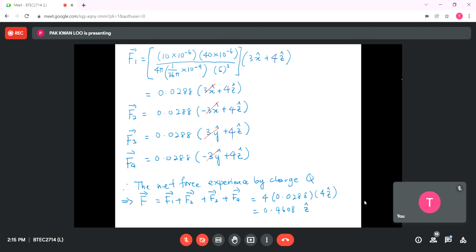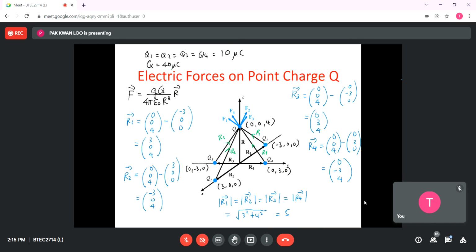Another perspective that I want you to look at is the location of the charges, so they are symmetrical. What I'm trying to tell you is, let's look at this diagram here.